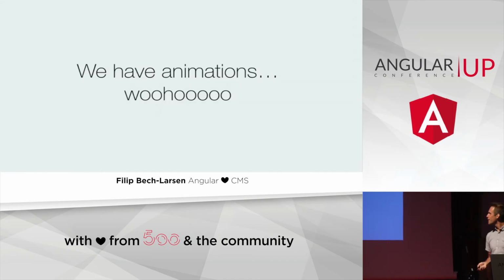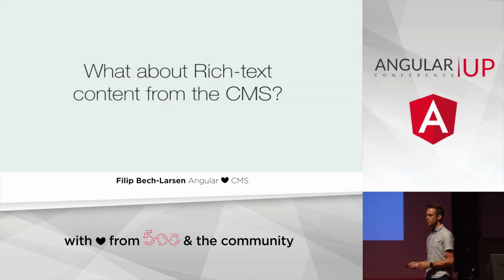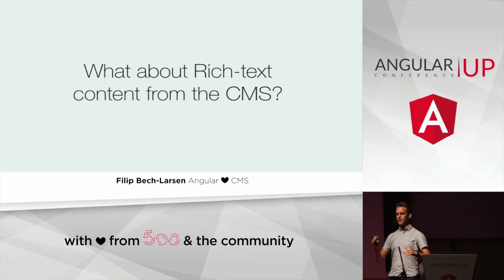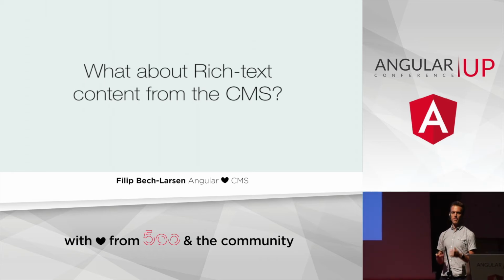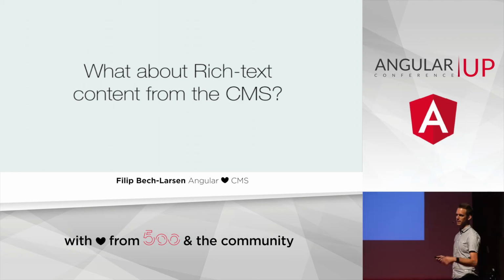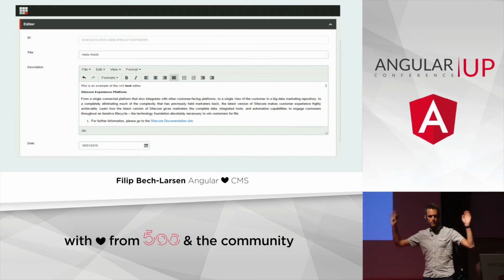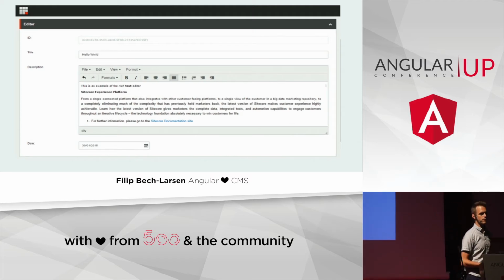That brings us to the next problem, which is rich text, because anytime there's a user on a CMS, they want a rich text editor. They want to be able to highlight text and make it bold and make it a link and all that stuff. Rich text editors look something like this, this is Sitecore, but they all do this in some way or the other.